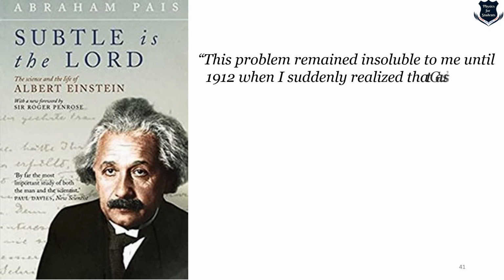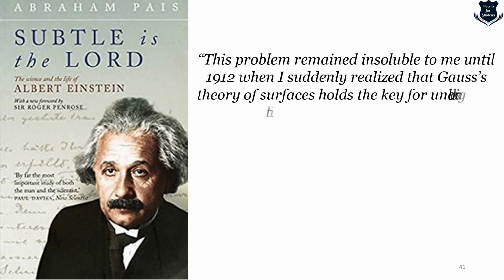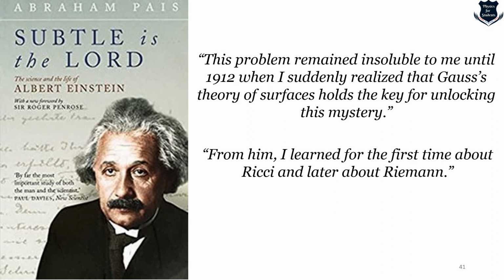So here Einstein says, this problem remained insoluble to me until 1912, when I suddenly realized that Gauss's theory of surfaces holds the key for unlocking this mystery. And he writes, from him. Who is that him? I will soon reveal in a few seconds in this part of the video. I learned for the first time about Ricci and later about Riemann.